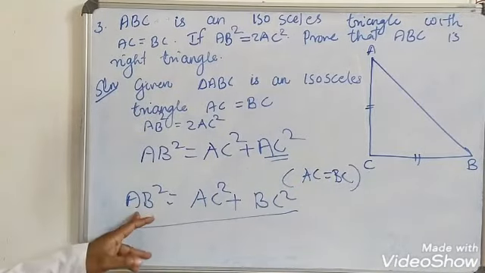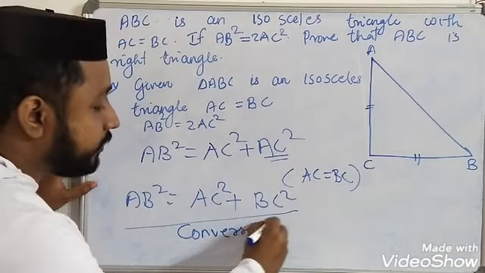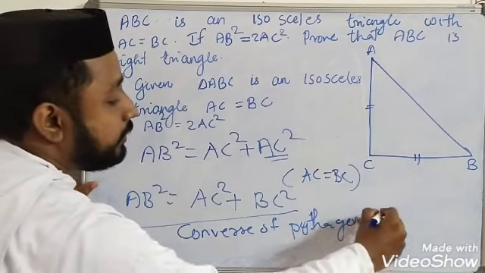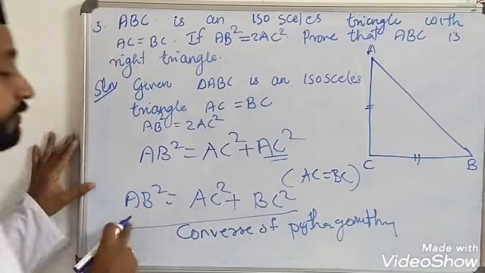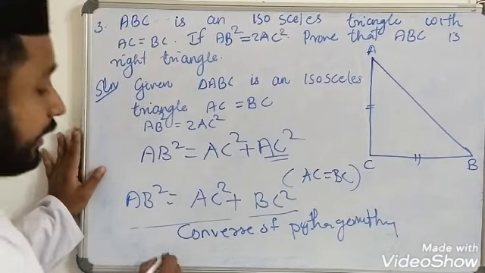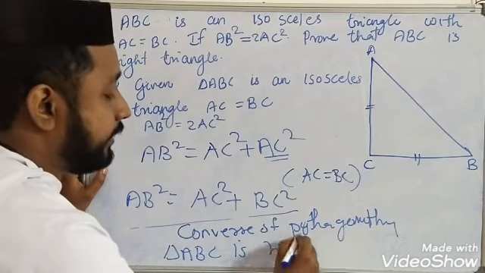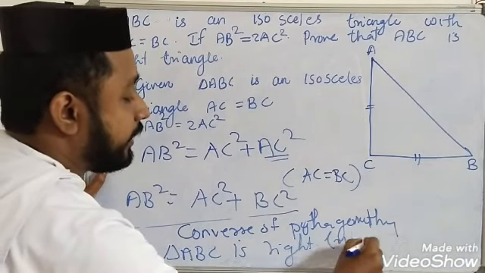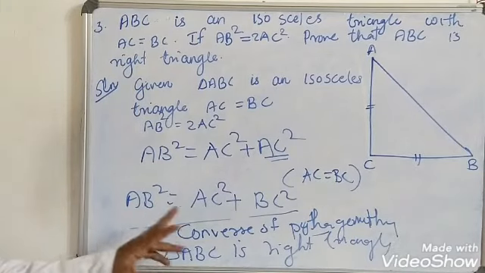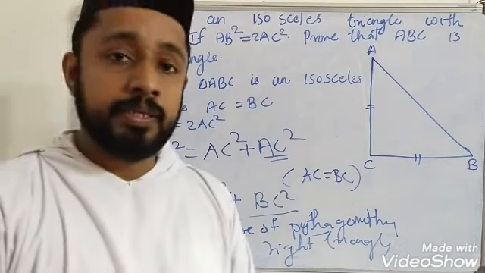By the converse of the Pythagoras theorem, if this condition is satisfied, AB square is equal to AC square plus BC square, then triangle ABC is a right triangle. So by the converse of the Pythagoras theorem, triangle ABC is a right triangle.